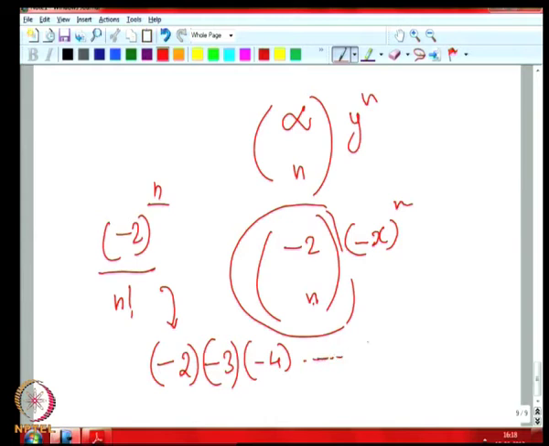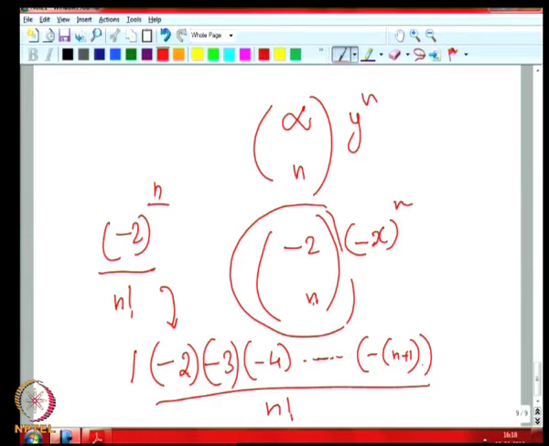So up to minus of n plus 1 we will get here, because we are starting with minus 2, and below we have n factorial. Even if we are starting with 2, we can assume that there is a 1 here. So actually this n factorial will cancel with 1 up to n here.